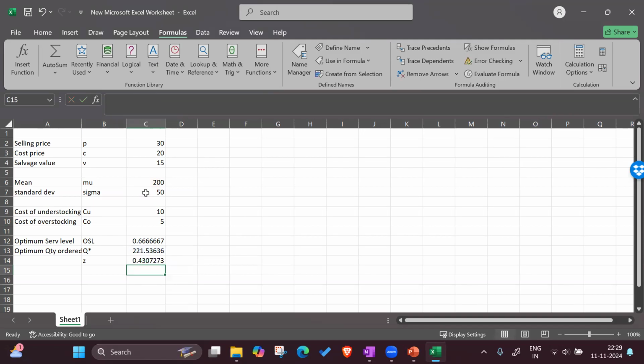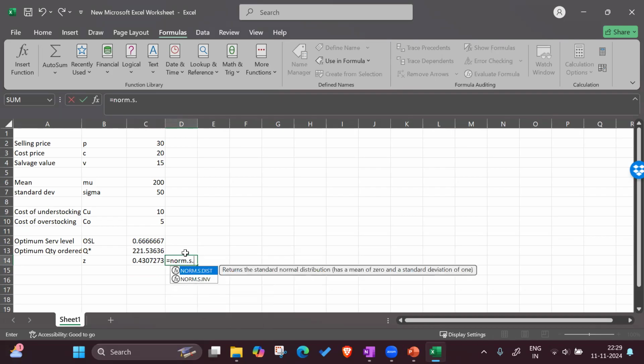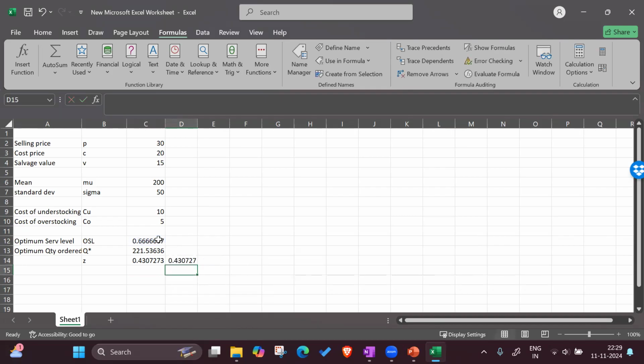The other way I could have calculated this: once I have the optimum service level, I could have also calculated the Z value using NORM.S.INV of the probability, which is still going to be 0.43.